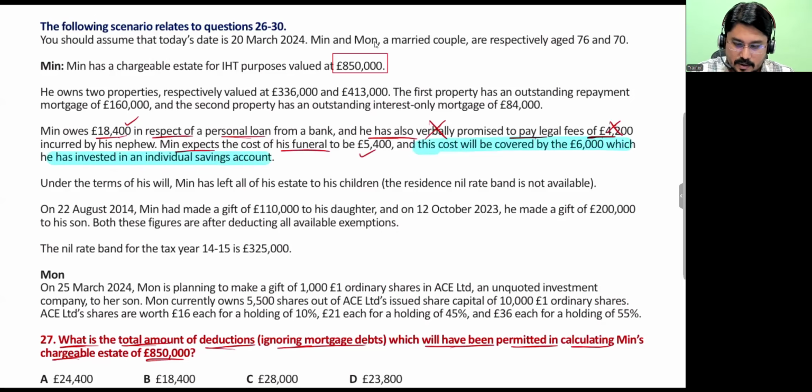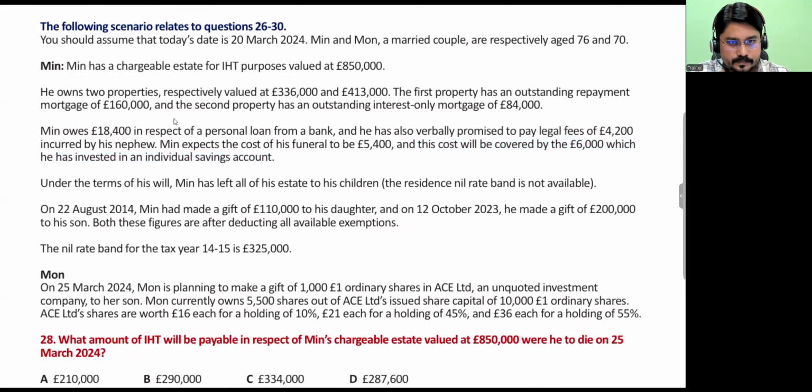So basically, there are two deductions which have been permitted in the calculation of the chargeable estate. The first amount is 18,400. The second amount is 5,400. The total amount is 23,800. The correct option is option D. Moving forward.